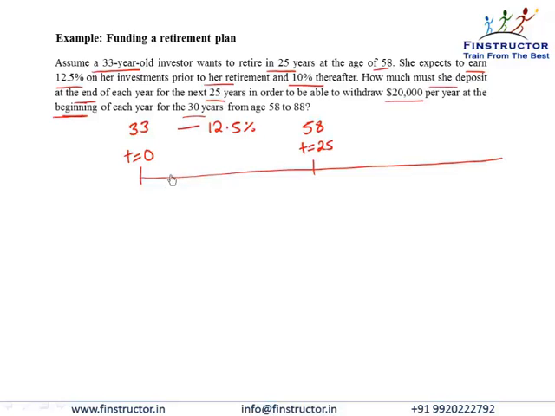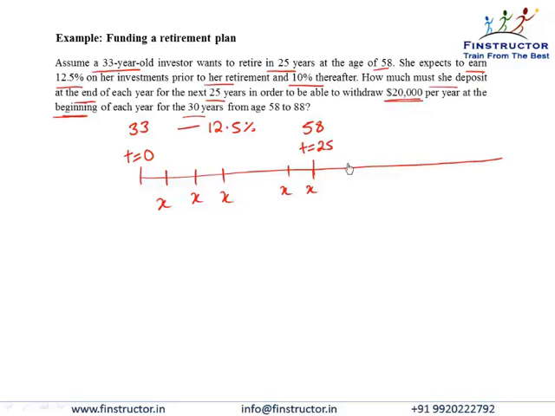And the question asks how much should she save at the end of each year for the next 25 years in order to be able to withdraw $20,000 per year.